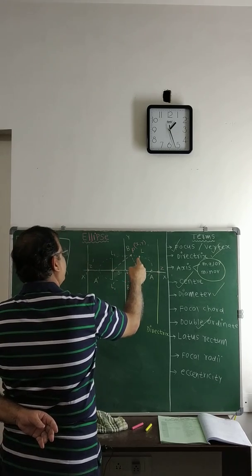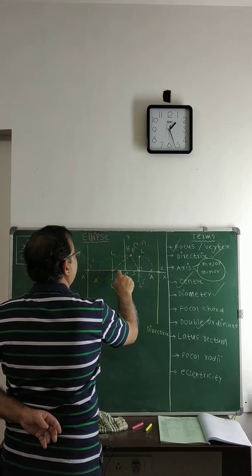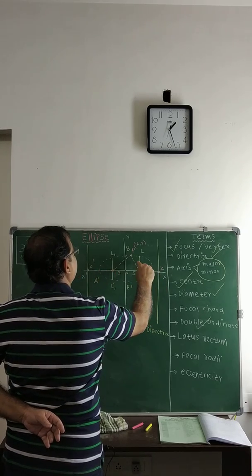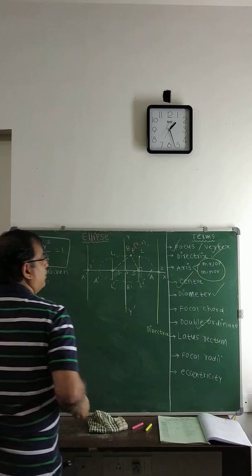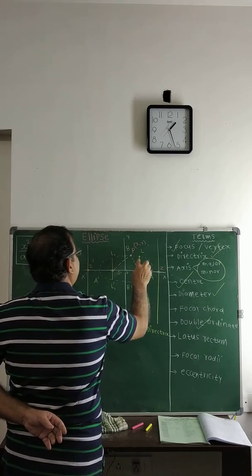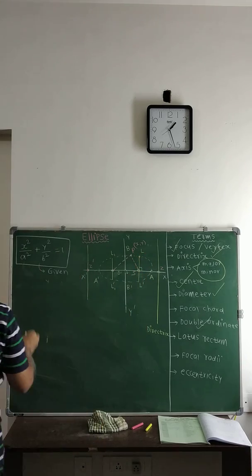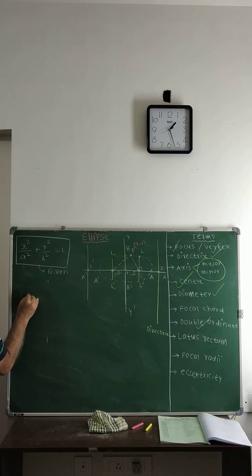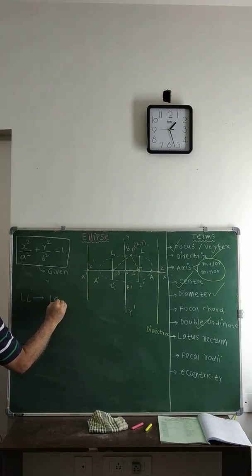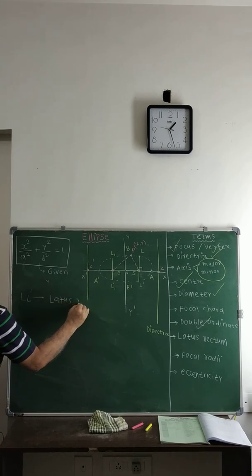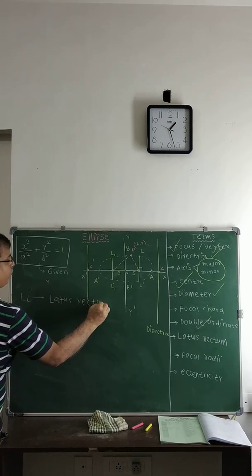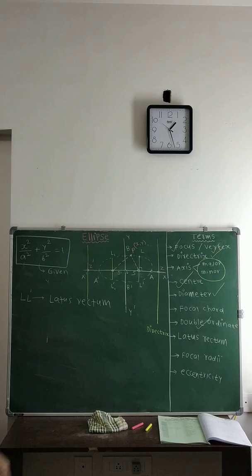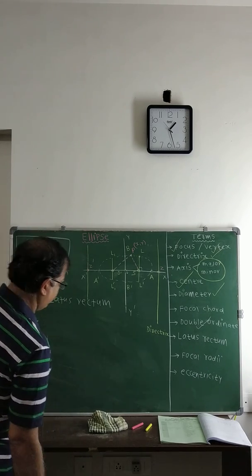So a focal chord which is perpendicular to the major axis is always called latus rectum. So here L dash will be the latus rectum. So latus rectum is nothing but a focal chord which is perpendicular to the major axis of the ellipse.